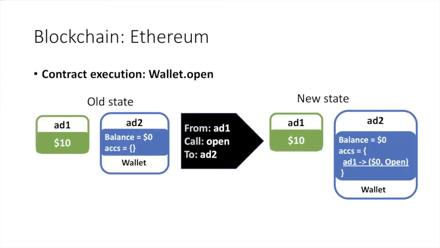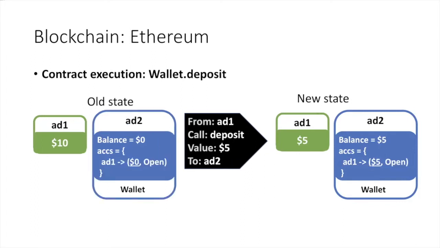Let me just move on and discuss now contract execution. So here we could have that address 1 is trying to open an account with address 2. As you can see here, this transaction would trigger the creation of this new mapping that describes that address 1 now has an account in the wallet.